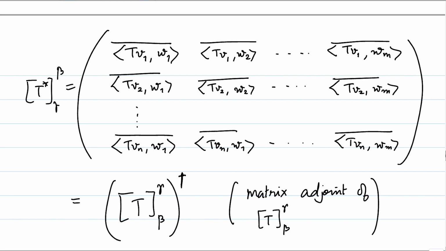So when a linear transformation from a one-dimensional complex vector space to a one-dimensional complex vector space is considered, the adjoint is just going to be the conjugate. Right, so this is the notion which generalizes the idea of the complex conjugate.